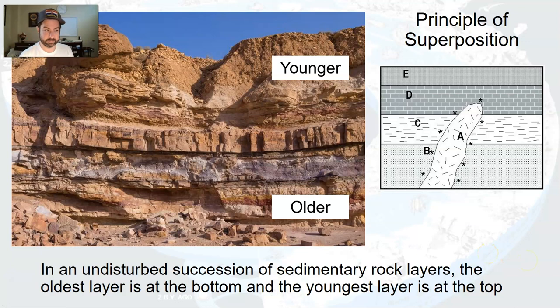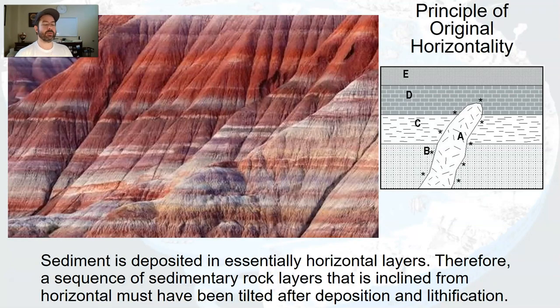Up top. Easy enough. The principle of original horizontality states that sediment in the sedimentary layers is initially deposited in horizontal layers. Therefore, if we're looking at sedimentary rock layers that are inclined from horizontal, that tilting must have happened after deposition and lithification, after that material turned to rock.